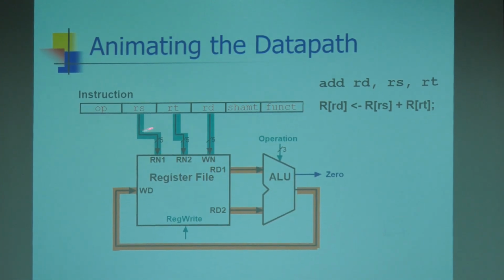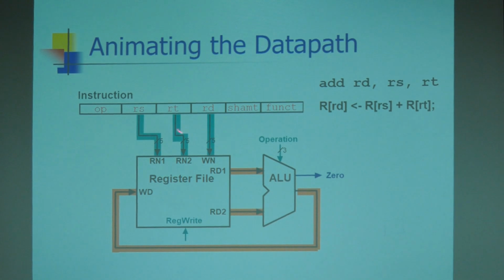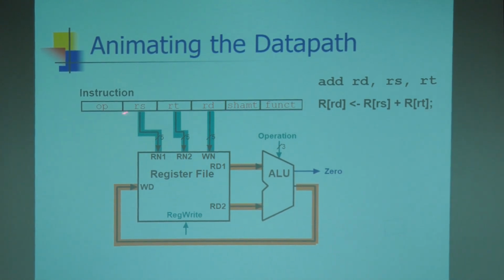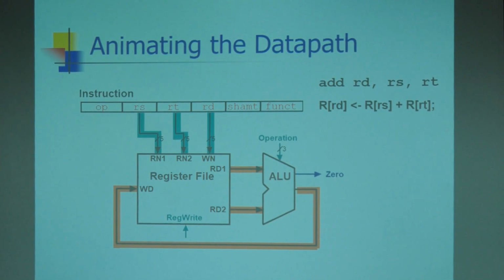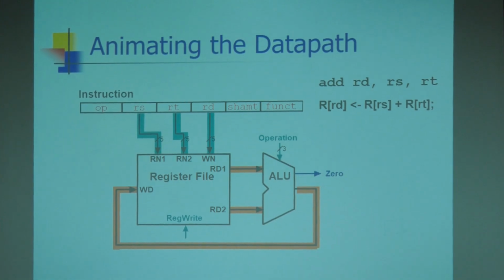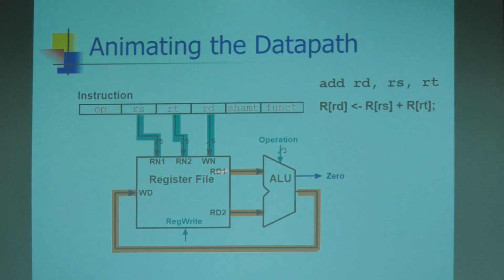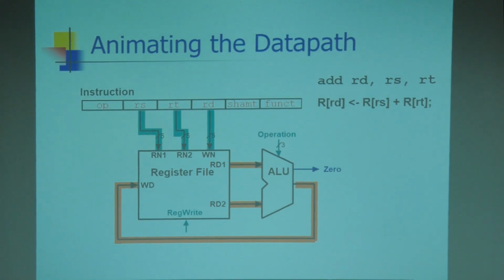The write register address is indicated by RD. Read register addresses are indicated by RS and RT, 5 bits each. Is it clear? Why are 5 bits required to select these registers?